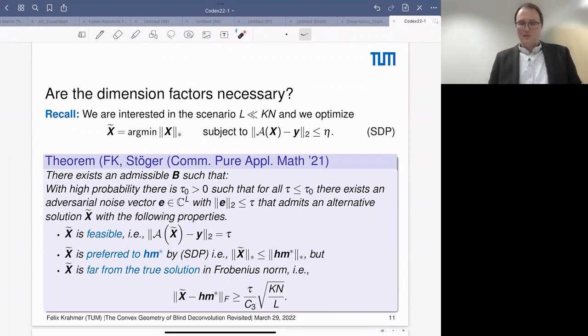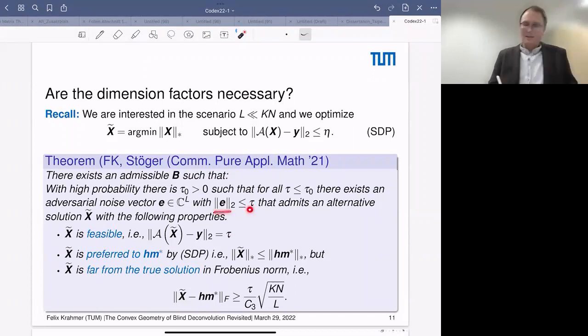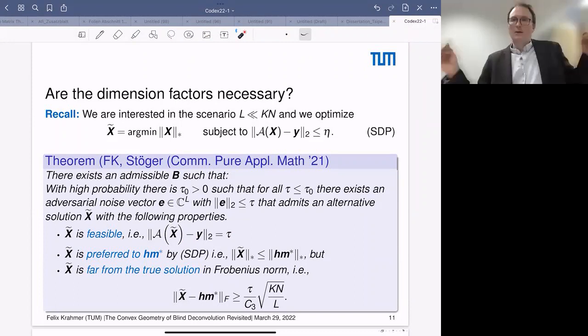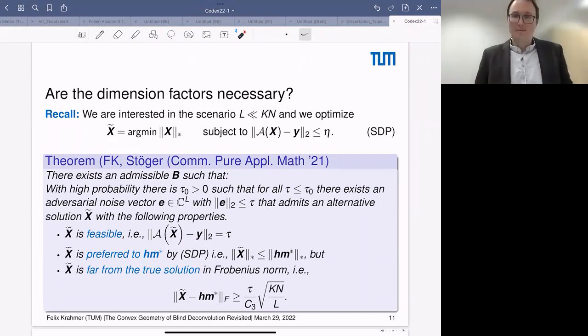First, the alternative solution must be feasible. If the noise is below eta, then the measurements arising from this alternative solution must be within a distance of at most eta of the observed measurements, because otherwise, if it's not feasible, our minimization problem is not able to find it.